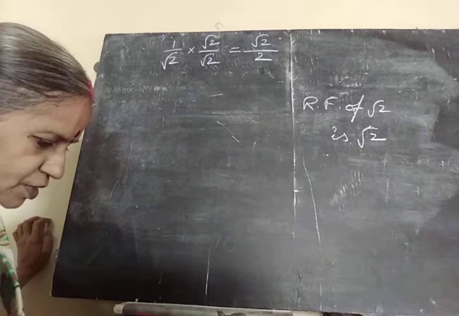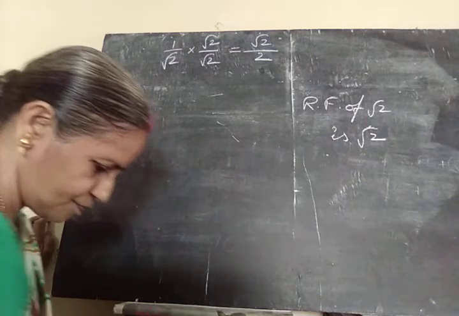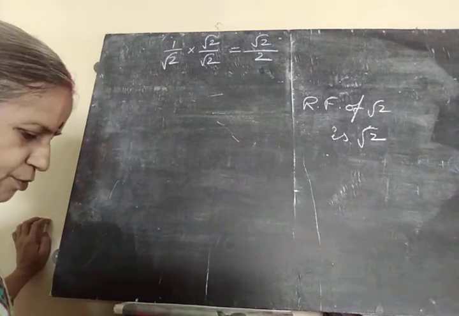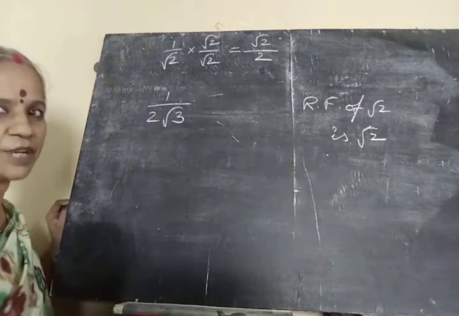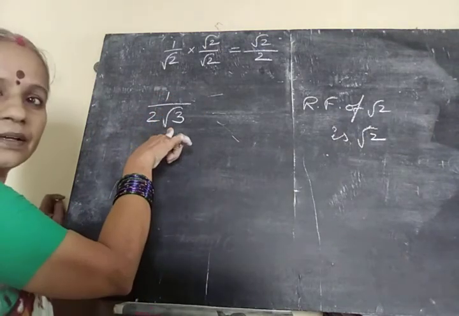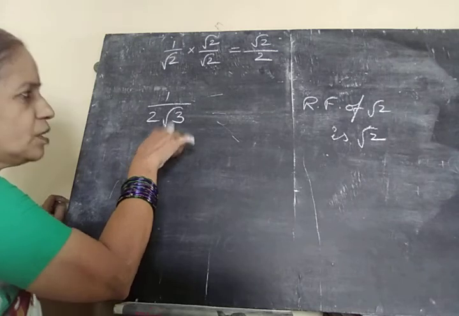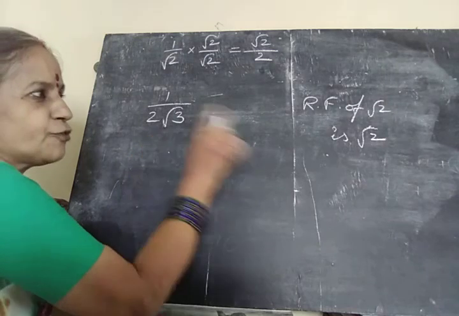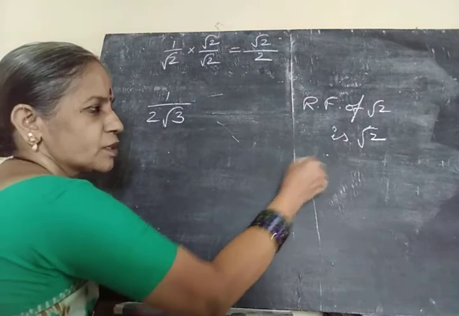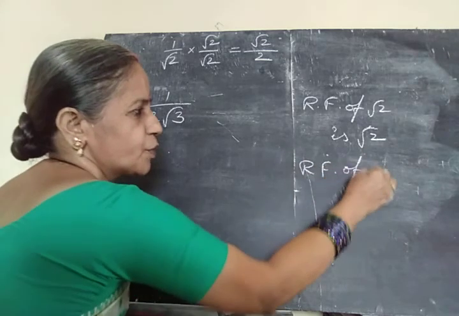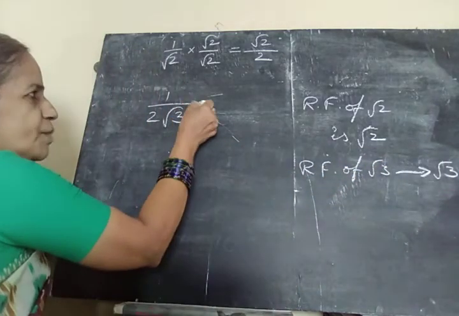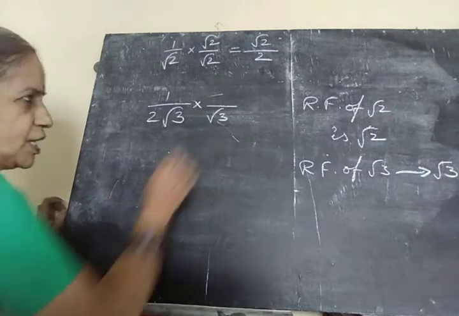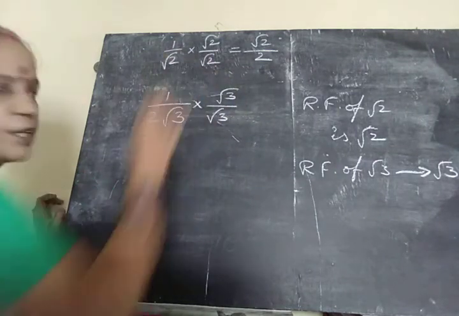See, do this. 1 by 2 root 3. Rationalize the denominator. Here, what is the irrational number? Root 3. So for root 3, what is the RF? RF of root 3 is root 3 only. So multiply the denominator by root 3, then the numerator also by root 3.